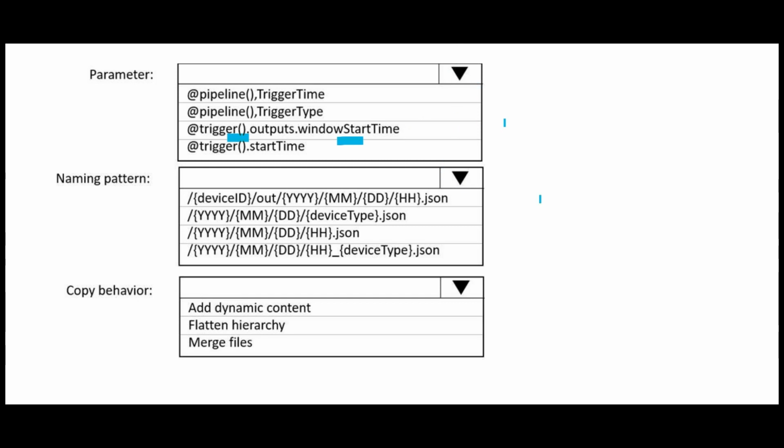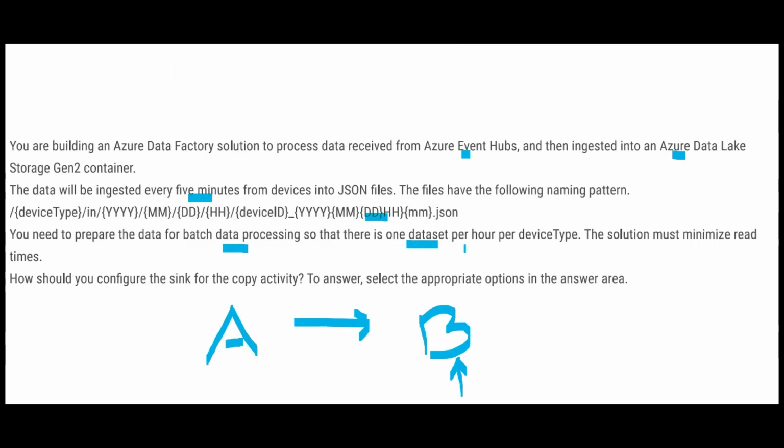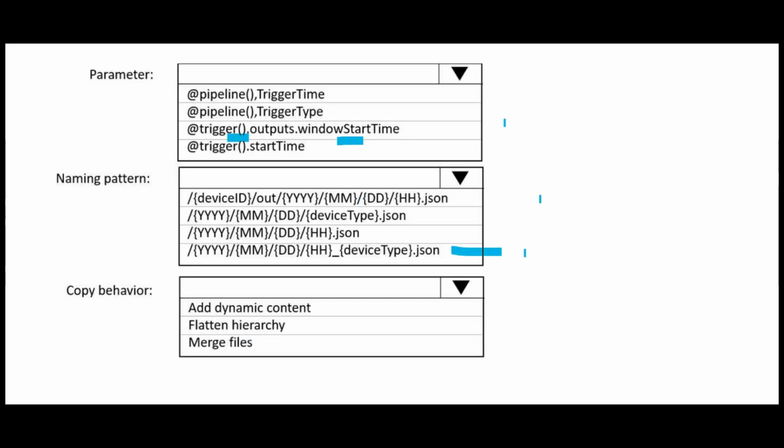And for the naming pattern here, since we are saying one data set per hour per device, we will go with this one, because one data set per hour and per device, it has to start with YY. It cannot start with device ID. That is so wrong, because always remember the pattern always starts with at least year, month, date.